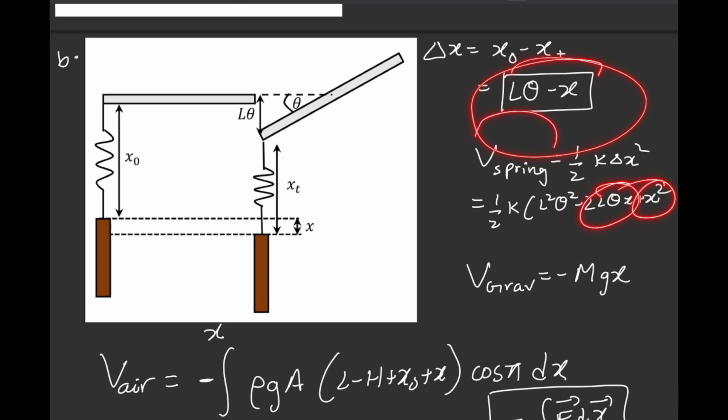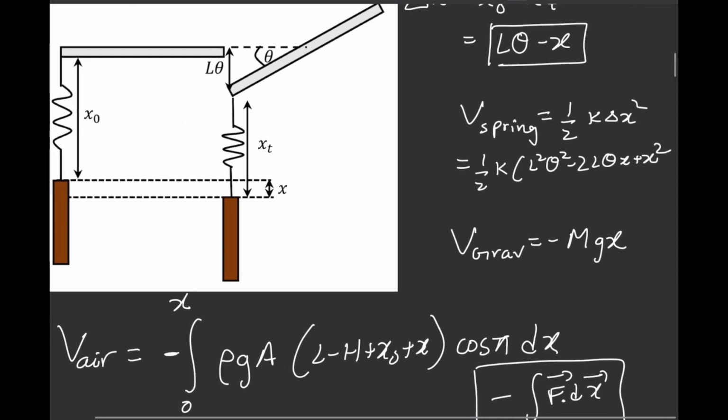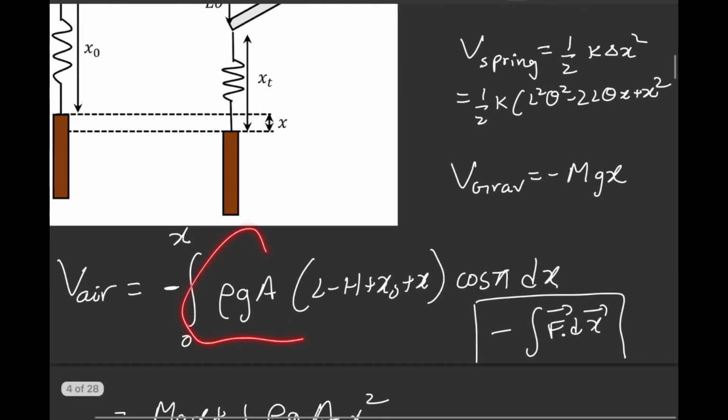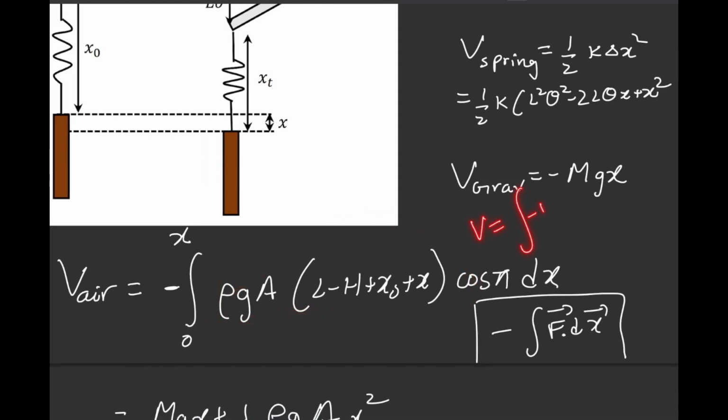So just square this, you get this, and then the gravitational potential energy is minus mgx. Assuming this to be a reference, it has fallen a distance x, so the gravitational potential energy would be minus mgx. And for the potential energy of the water, the buoyancy force is rho g A (L minus h plus x naught plus x). That is the force. Now we all know that potential energy is defined as minus integral of F dx, the change in potential energy.